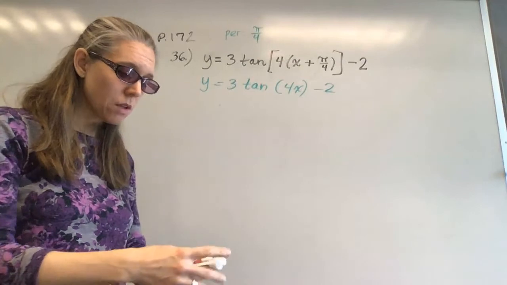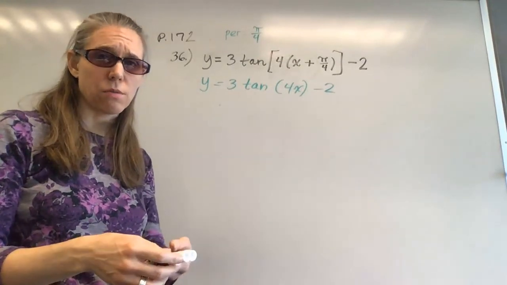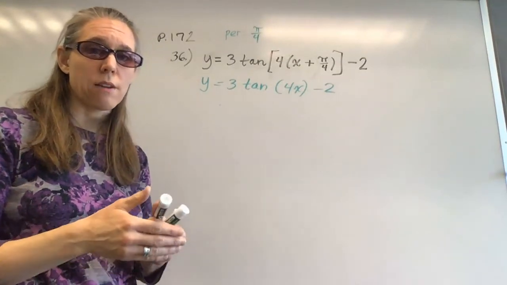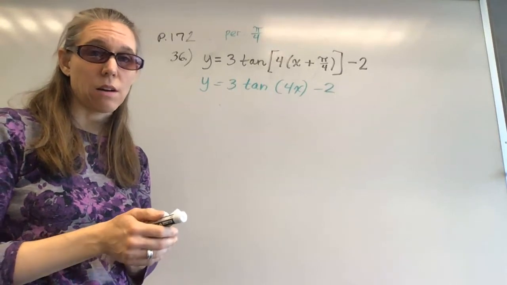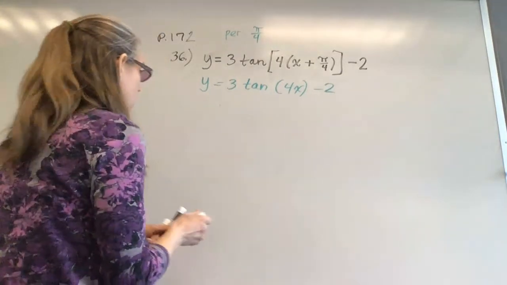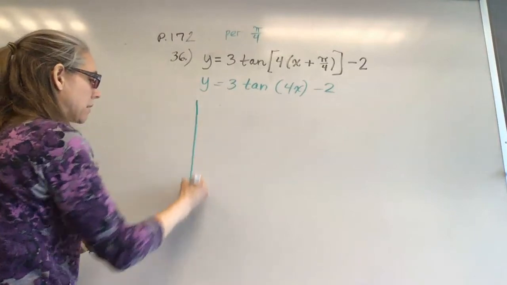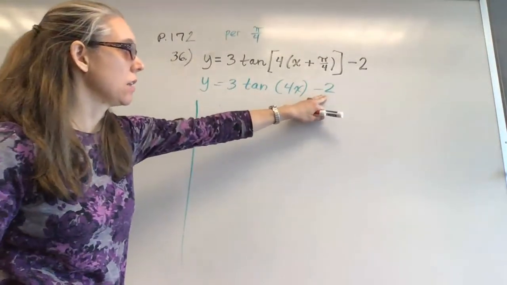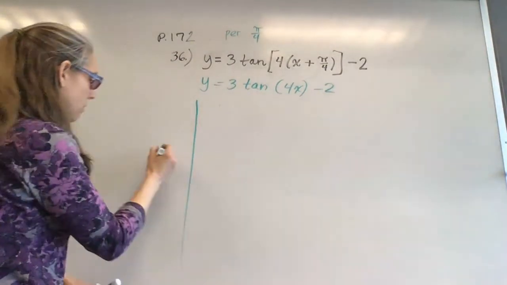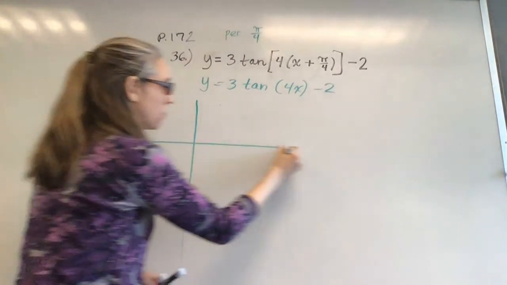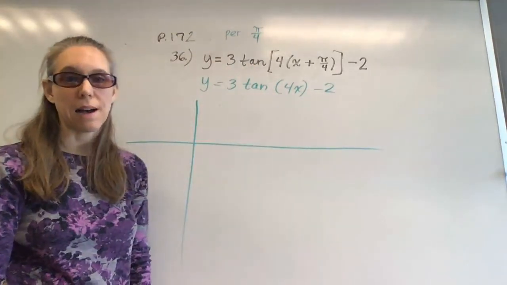So what I want to pay attention to, first of all, is what kind of markings I would need on the x-axis. And when I draw my x-axis, I'm going to be noting the fact that this whole graph is shifting down too, so my x-axis will be up high.